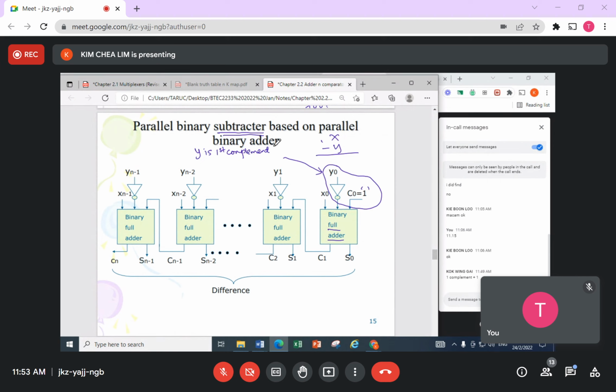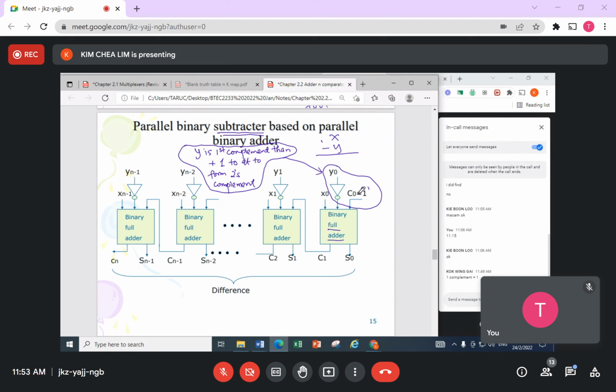Then plus 1 to it to form 2's complement. Okay, so these parts here, we are changing it to form 2's complement.